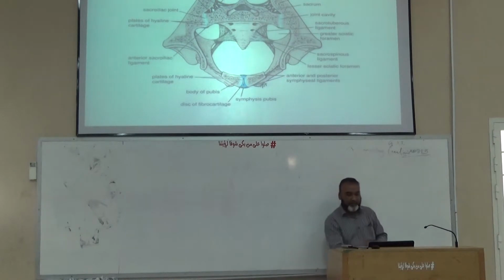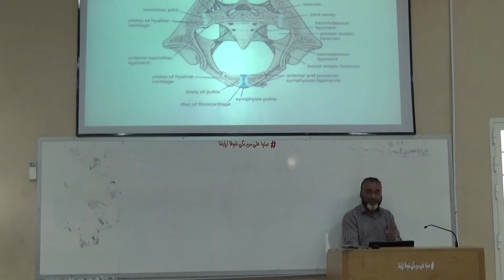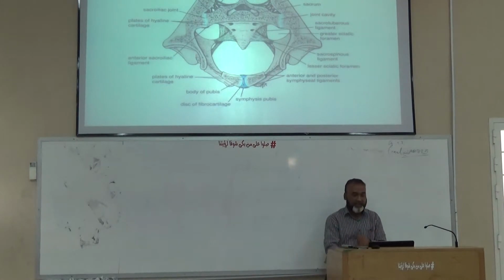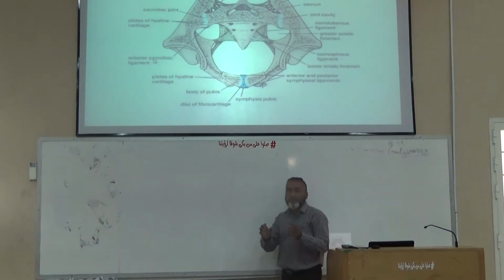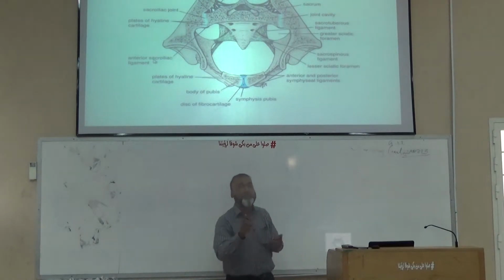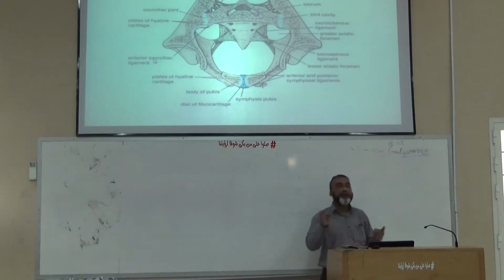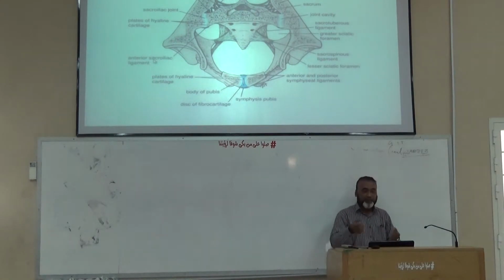You can see here the interosseous ligaments between the articular surfaces of the iliac and the sacrum bone, and behind is another strong ligament, the posterior sacroiliac ligament, and anteriorly, which is not shown here, is the anterior sacroiliac ligament, very thin and not as strong as the posterior and the interosseous ligaments.